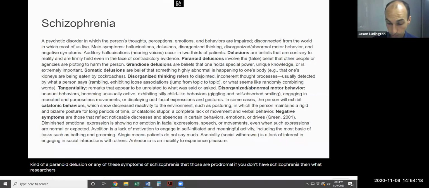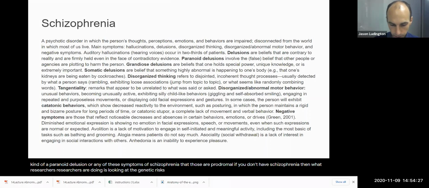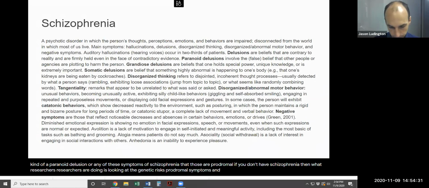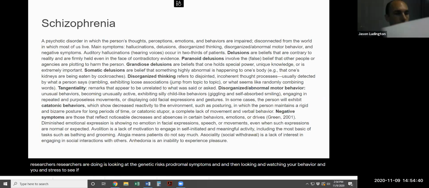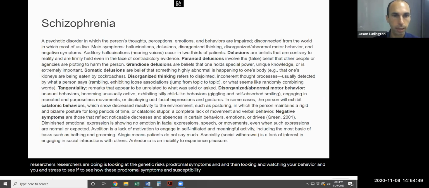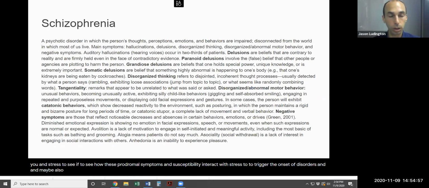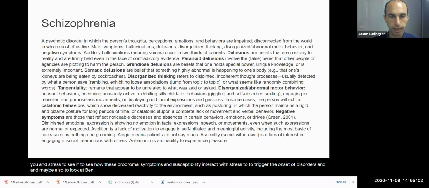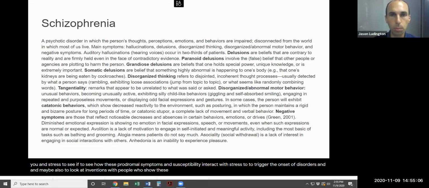Then what researchers are doing is looking at the genetic risks and these prodromal symptoms, and then watching your behavior and stress to see how these prodromal symptoms and susceptibility interact with stress to trigger the onset of disorders, and maybe also to look at interventions with people who show these prodromal symptoms in order to prevent the later onset, to protect against the later onset that might have occurred with stress.